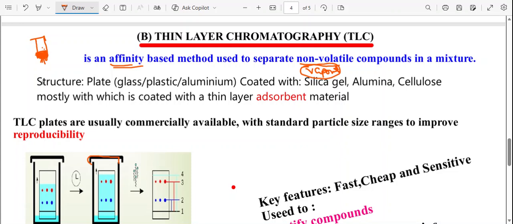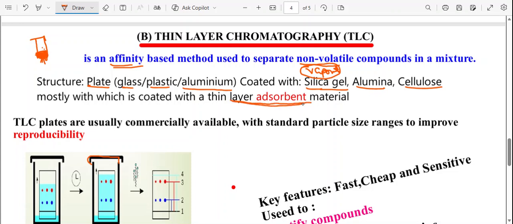As a result, the plates I'm talking about can sometimes be glass, plastic or aluminium. The plate will be coated with silica gel, alumina or even cellulose, but the most used one is a thin layer called adsorbent.